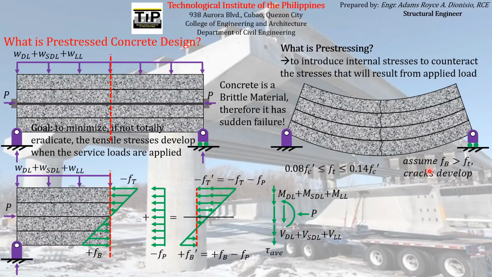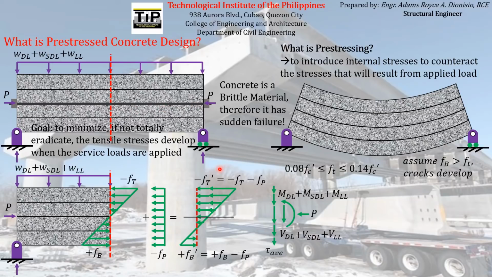There will be no cracks to develop, kasi F sub B will now be less than F sub T. Yung stress at the bottommost fiber will now be less than the tensile strength of the concrete. So there will be no more cracks that will develop on the concrete beam as it supports the service loads when we add pre-stressing reinforcement.